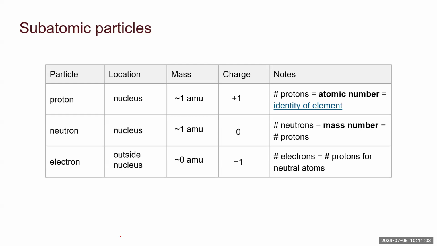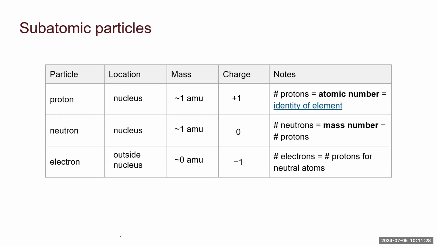And that you have that tilde 1 AMU because it's roughly 1. It's 1.000 and on 30 decimal places. The charges of our different subatomic particles. Protons have a +1 or a positive charge. Neutrons have no charge whatsoever, and electrons have a negative charge. Protons and electrons have opposite charges of one another.